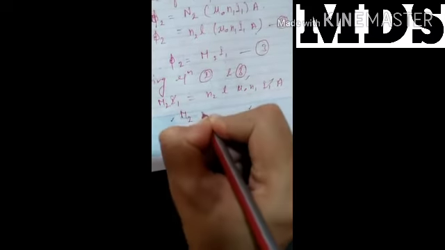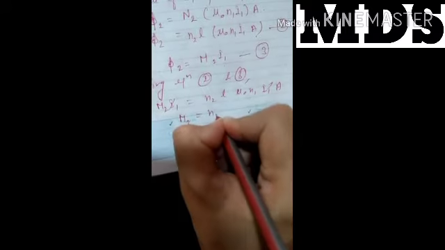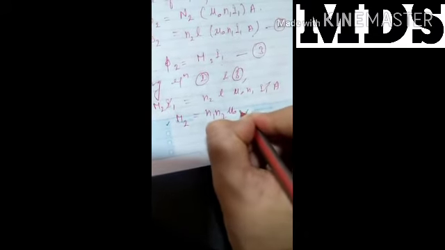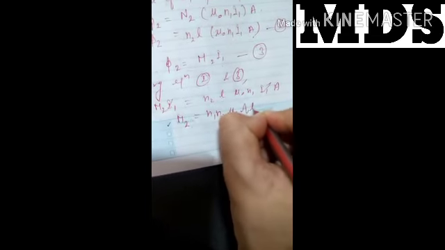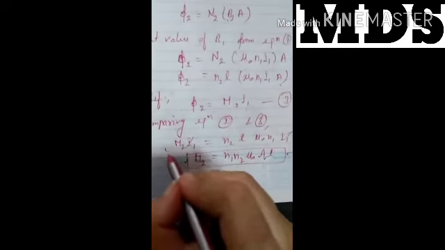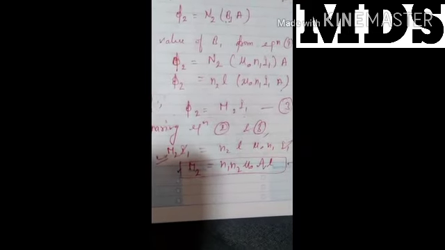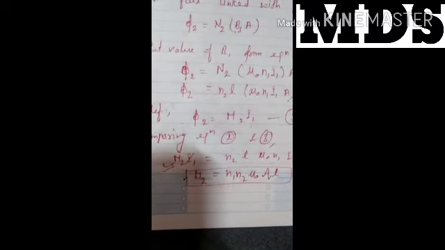I1 cancels out on both sides. Now what is left is M21 equals mu naught N1 N2 A L, that is the fourth equation. That is the mutual induction in the second coil. Clear now?